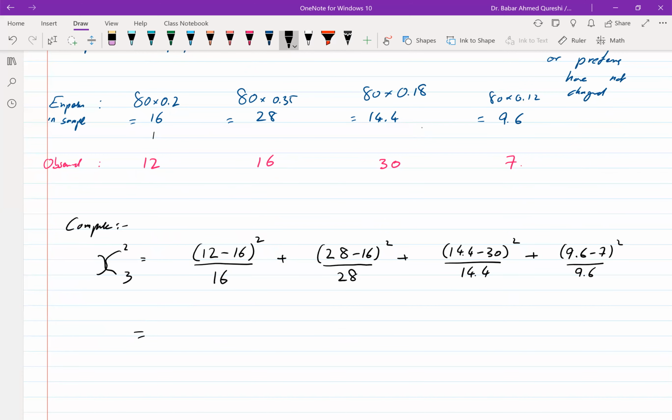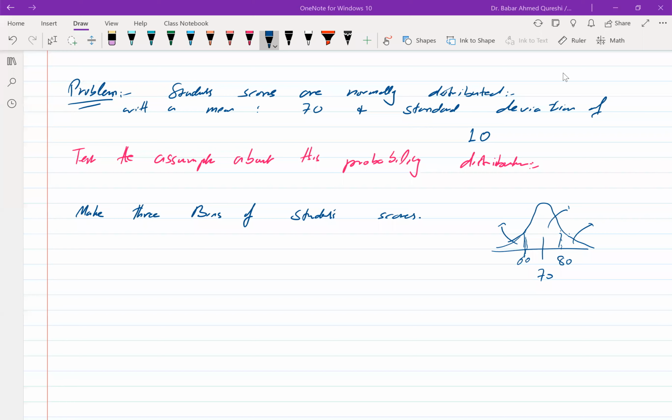So all I have to do is compute this variable, and I'm going to try to do it. Let me just directly do it on the calculator, putting these numbers in.